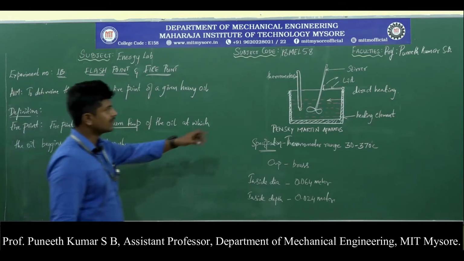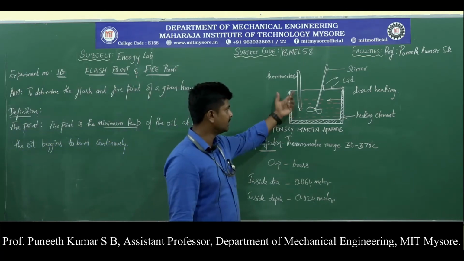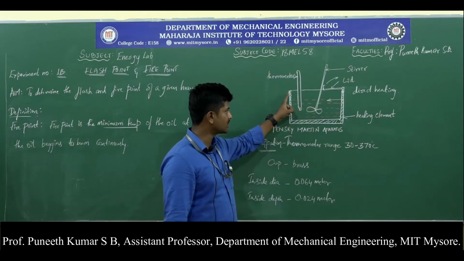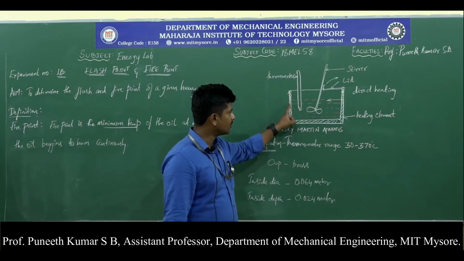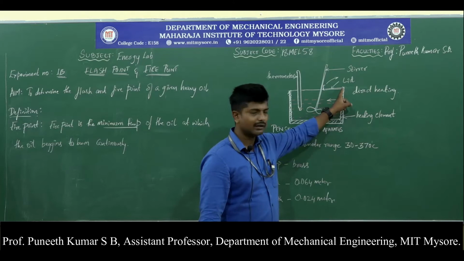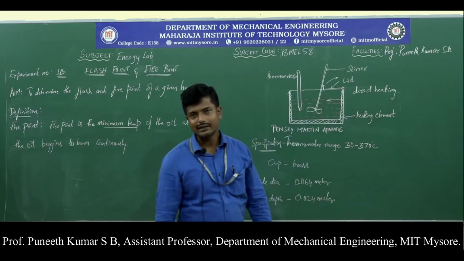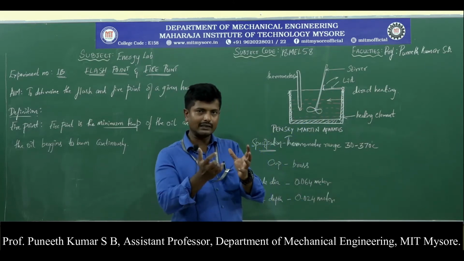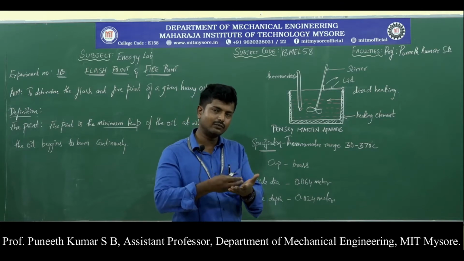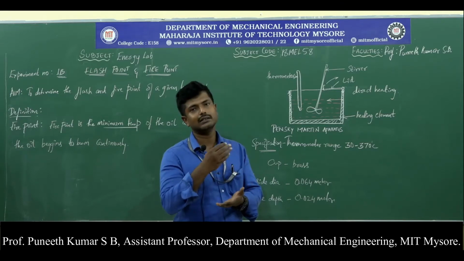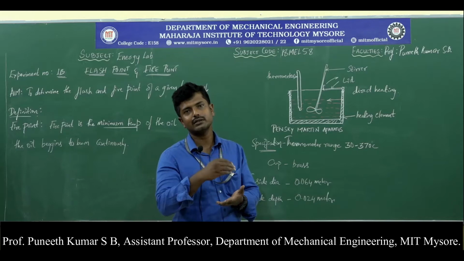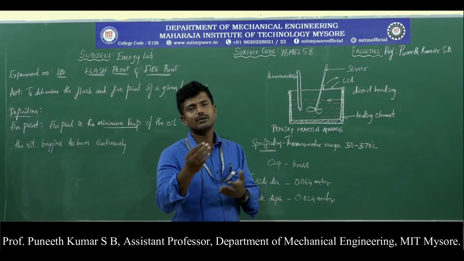Now let us understand the experimental setup. Here we have an oil cup which is enclosed with a heating element. In the earlier experiment we had the heating element which heated the water bath and then later on the oil. Why? Because the temperature there was below 100 degrees.